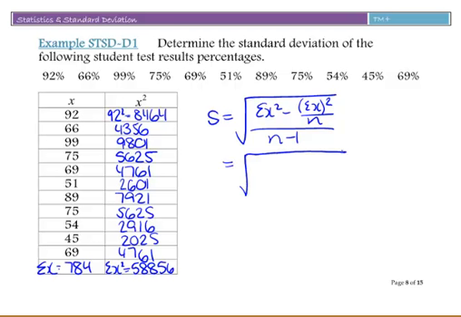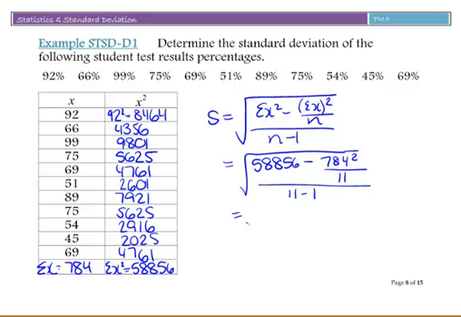Plug in what I've got. So the sum of x squared is 58856 minus the sum of x, which was 784, and I need to square it. That's all divided by n, and there's 11 scores, all over 11 minus 1.